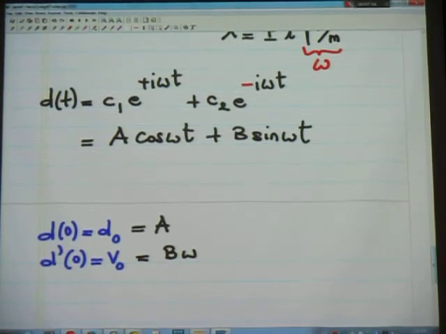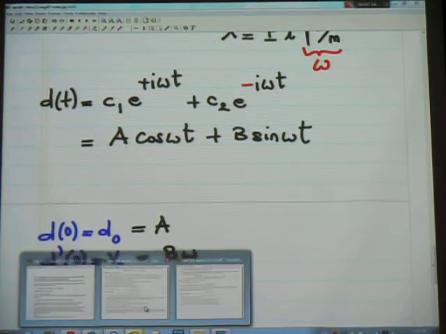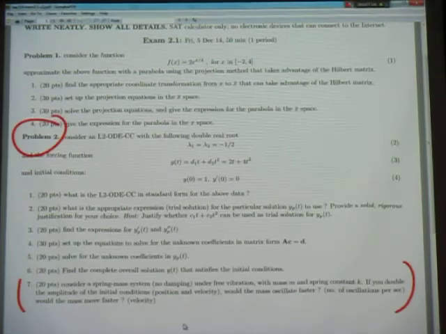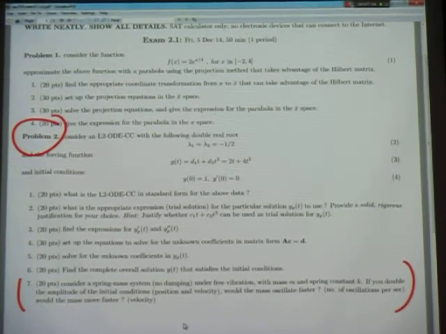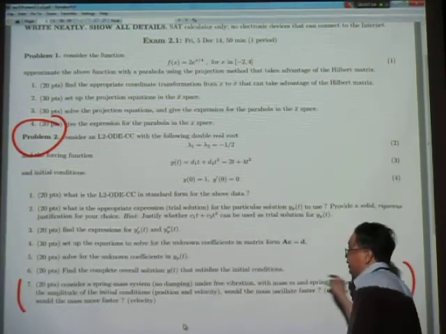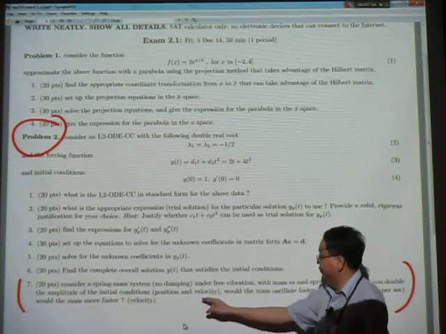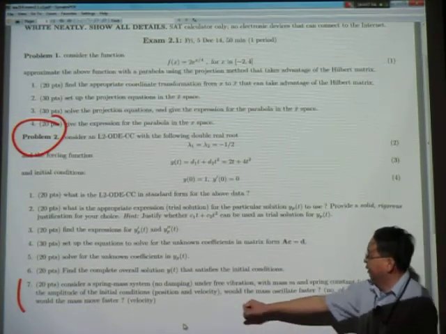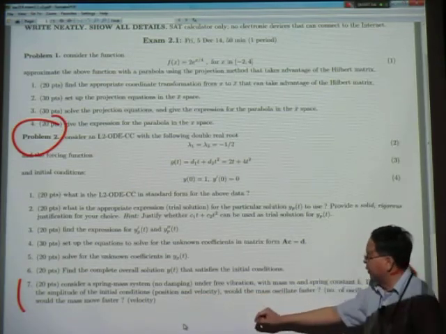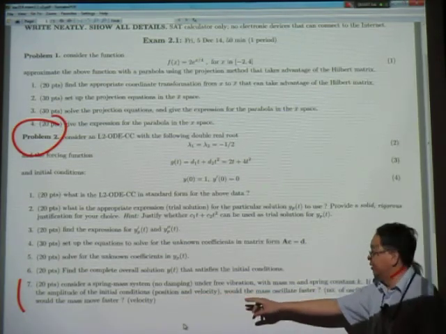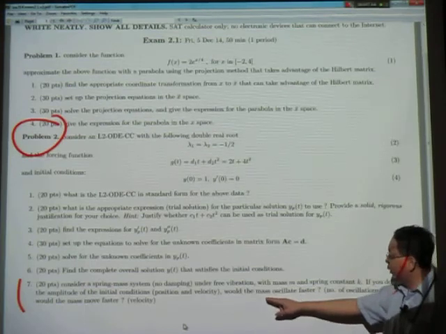So how to answer? That's the result that can be used to answer question 7 here. First, if you double the amplitude of the initial condition, meaning the initial displacement d0, you can also double the velocity, but think about doubling the displacement only.